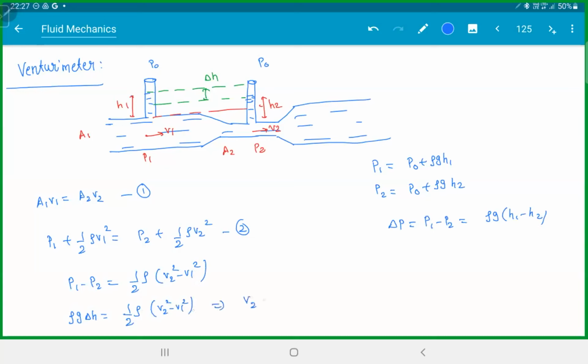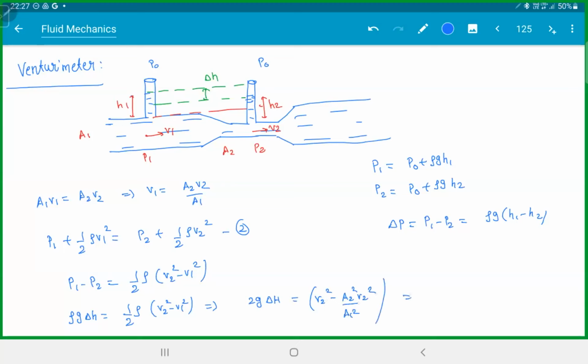So from here you can find the speed V2. And we also know A1 V1 is equal to A2 V2. So V1 is equal to A2 V2 by A1. Rho cancels, 2g delta H. V2 square by A2 square, V2 square by A1 square.